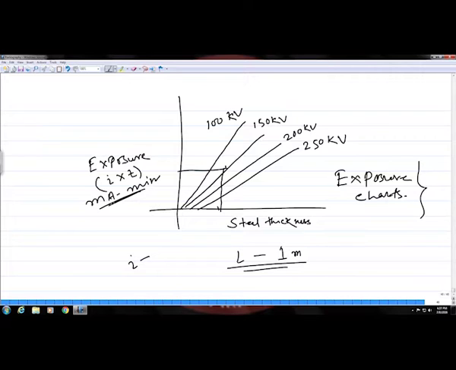So, this is done for steel, but this has to be obtained for other materials also, and you may or may not have this kind of plots for all the materials. But what you can have for convenience is this conversion of steel to any other material thickness. So, you can convert any material thickness to an equivalent steel thickness.